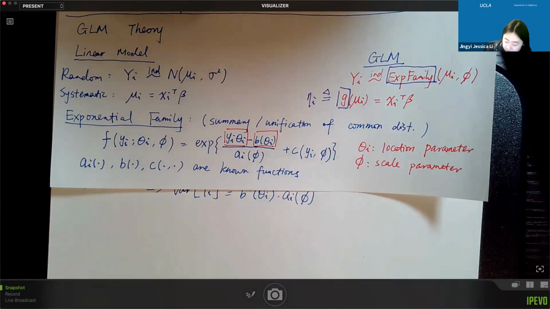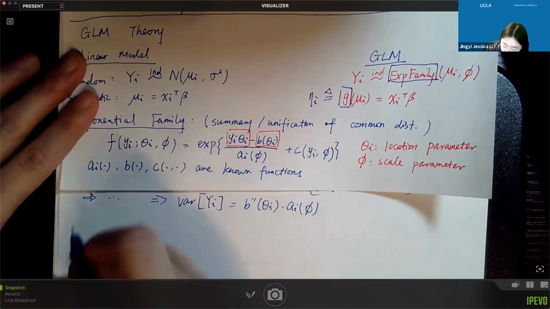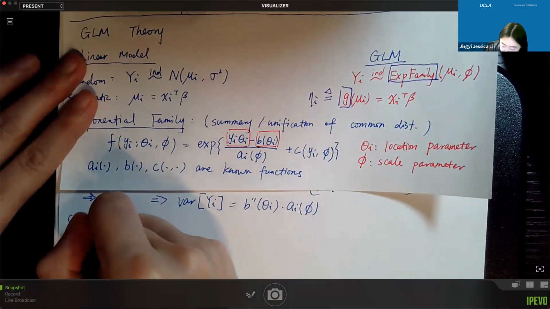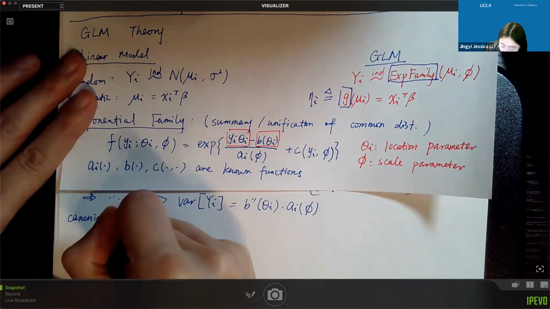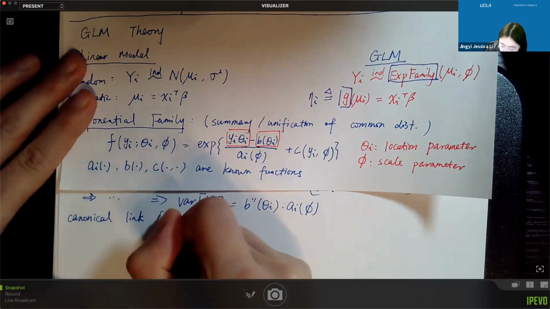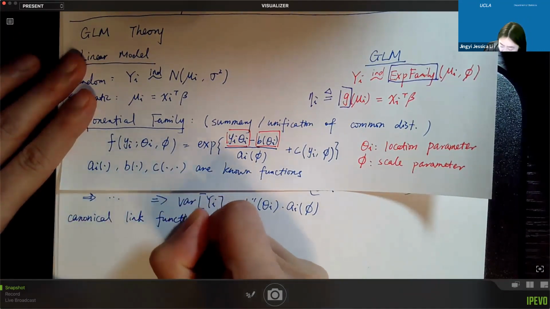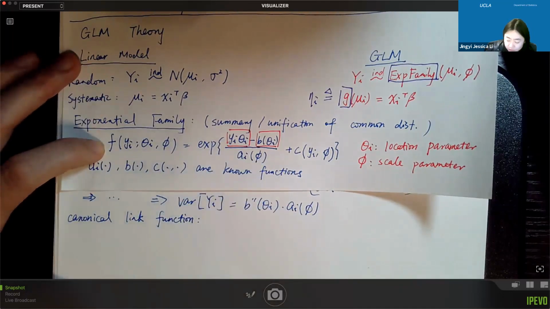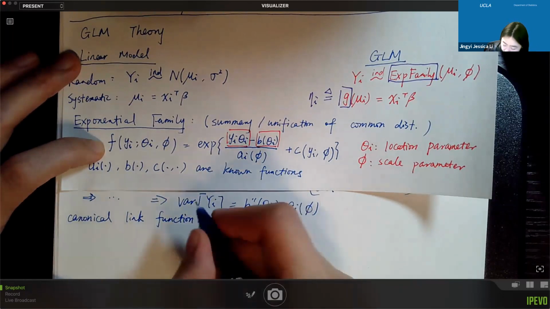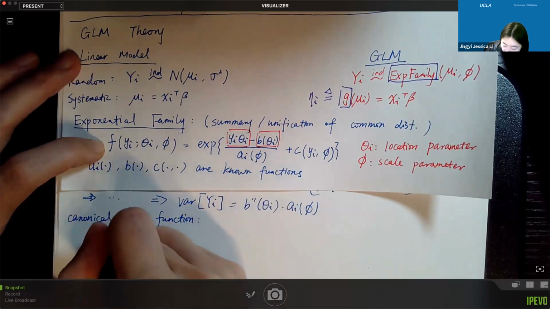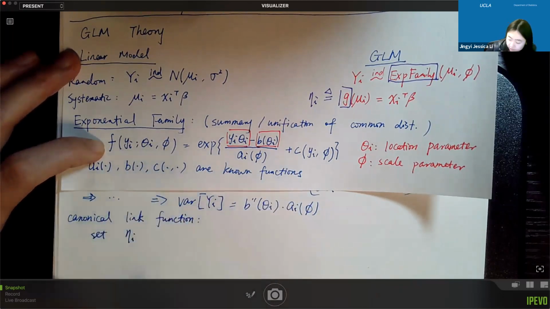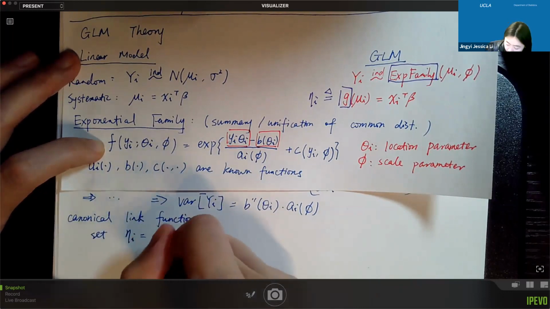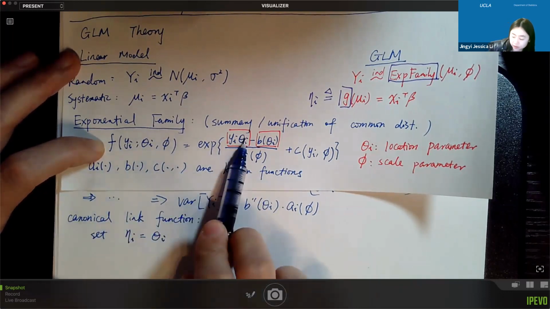For the systematic structure, we call that the canonical link function, which is uniquely determined by the exponential family. The canonical link function is to set ηi to be equal to θi in this function.